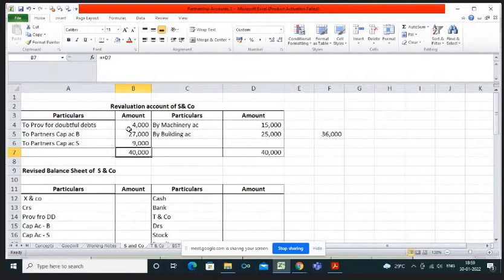So he gets 9,000. Now both sides total 40,000. So we are done with the revaluation account in the case of S and Co.